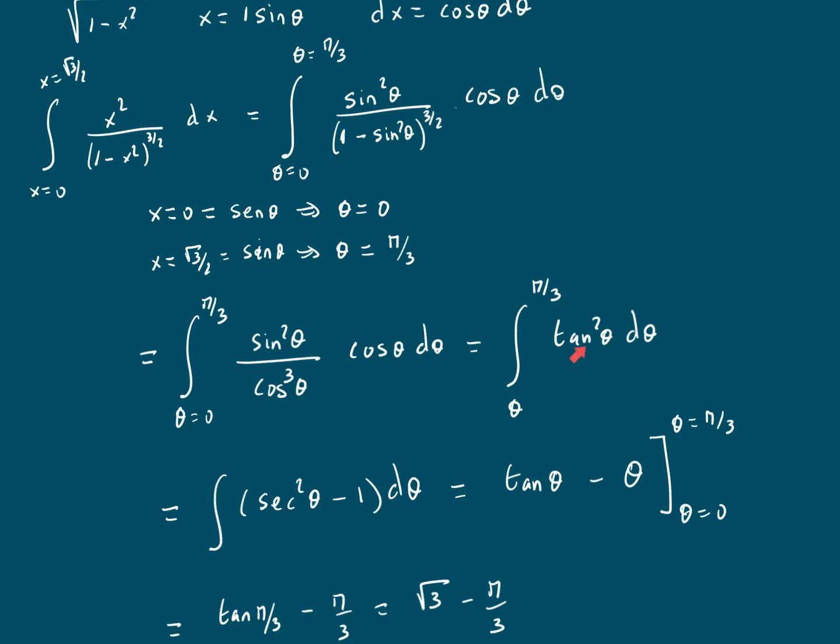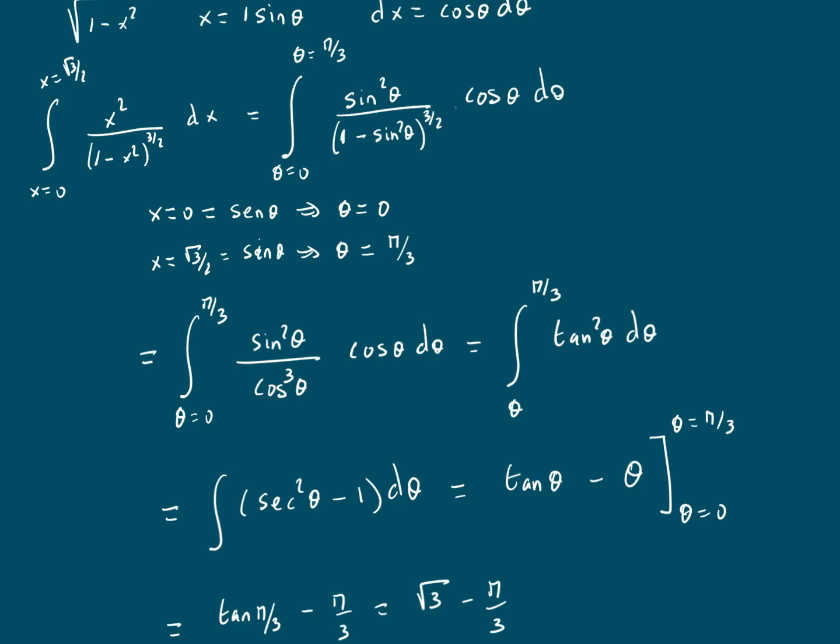Now, to do this integral, we did it in a previous problem. Tangent squared of theta is secant squared of theta minus 1. So I will integrate this expression. The integral of secant squared of theta d theta is tangent of theta, and the integral of 1 d theta is theta, between theta equals 0 and theta equals pi divided by 3.